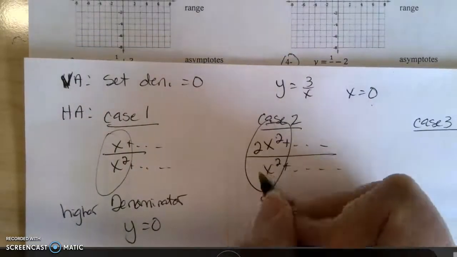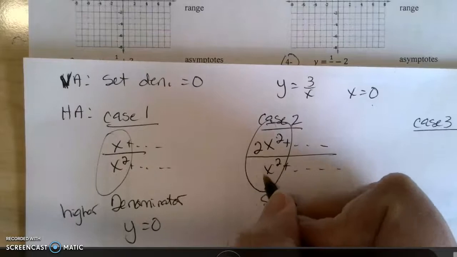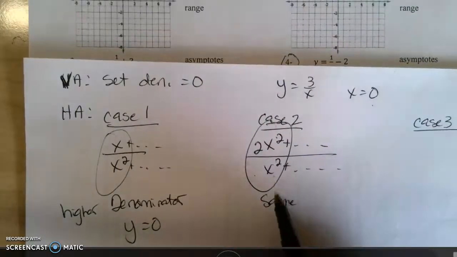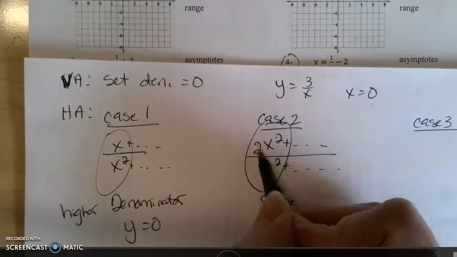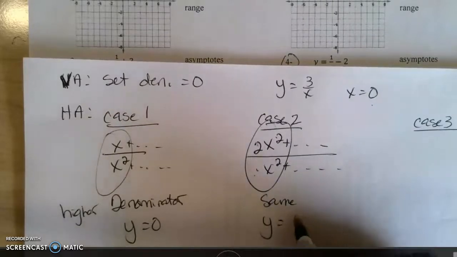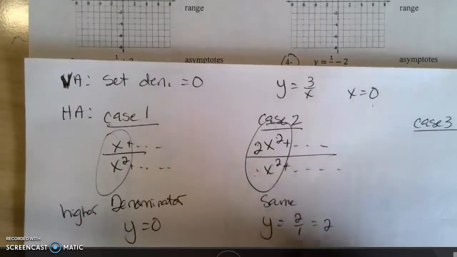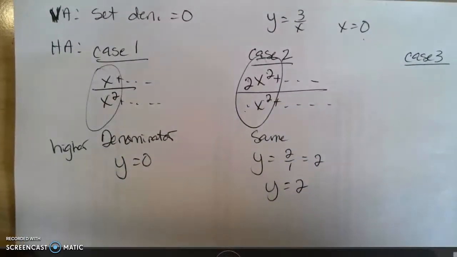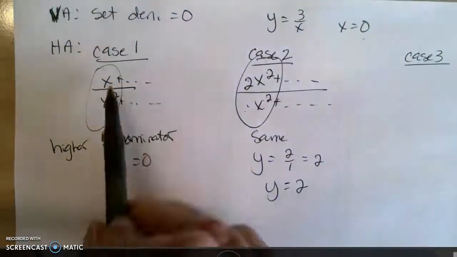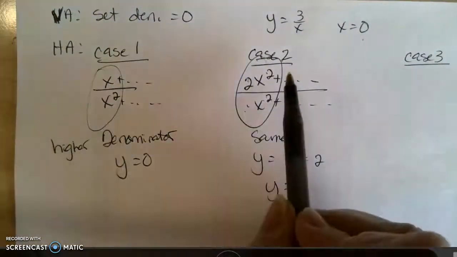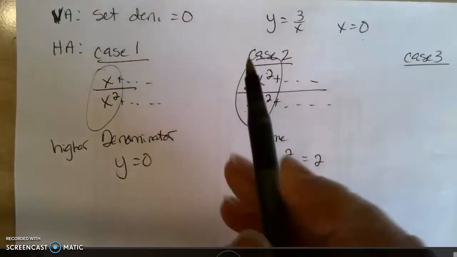So let's pretend like I have a 2 and a 1. I have 2 over 1. So my equation would be y equals 2. Case 3, so here denominator is bigger. Here they're the same exponent.